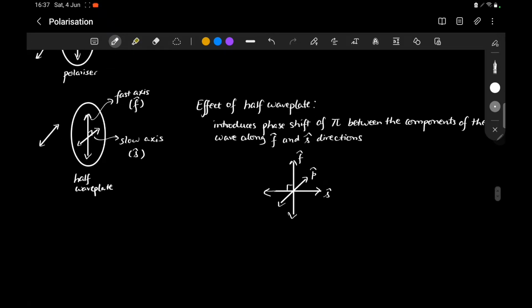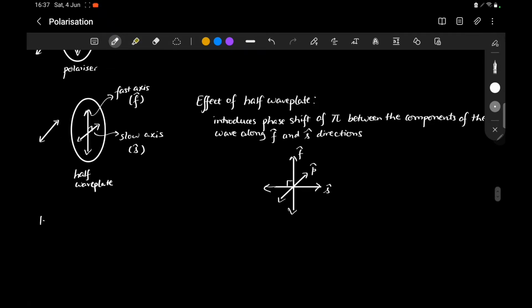So let us write down the electric field. So the incoming or incident electric field would be given as follows.